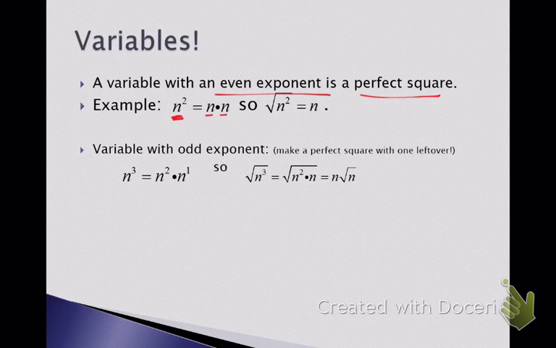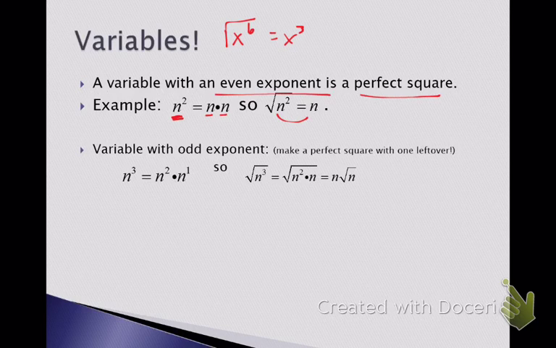So it's something multiplied by itself. So therefore, the square root of n squared is just n. Right? What about the square root of x to the 6th? Well, if we multiply x to the 3rd times itself, then we get x to the 6th. So since that's the case, the square root of x to the 6th is just x to the 3rd.